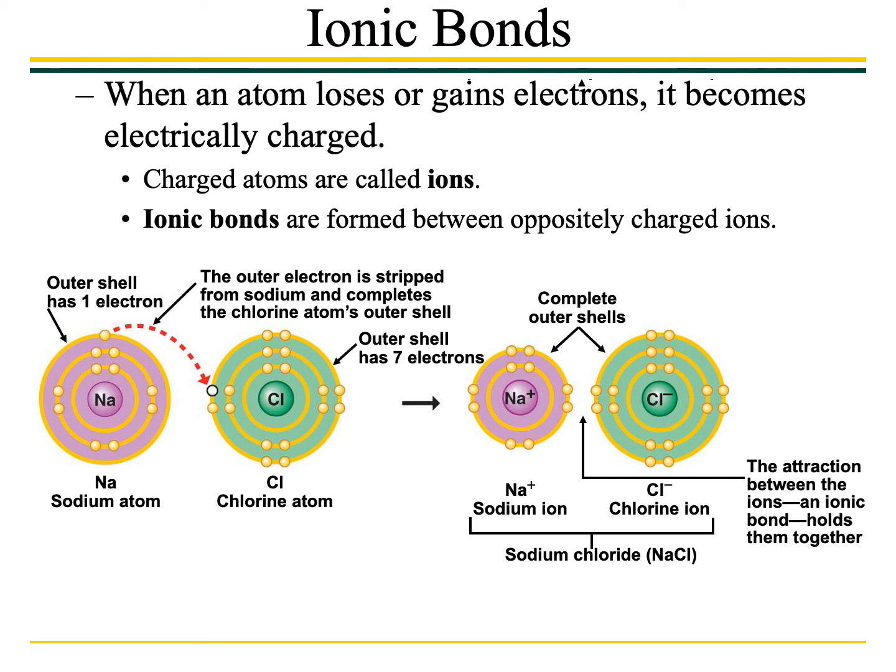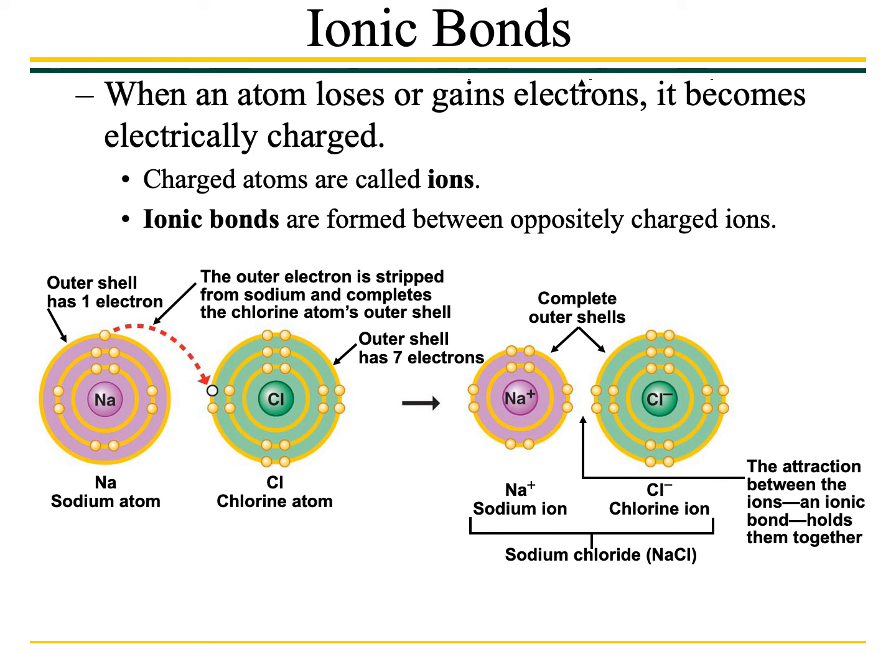So what happens in this interaction between sodium and chlorine is that the one electron that's in the outermost shell of sodium is stripped or stolen by the chlorine atom to fill the chlorine atom's outermost shell. In this case, we now have generated ions.